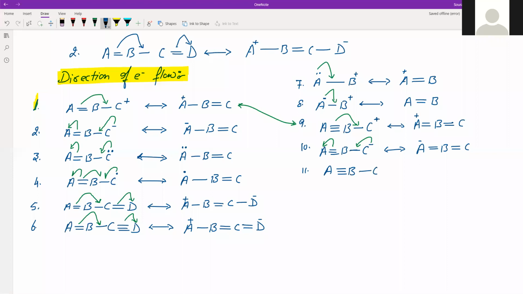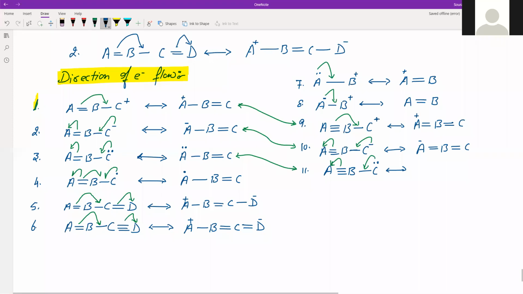Next, 11th, A triple bond B, single bond C, and a lone pair on that. Same thing. So this second and 10th are same. Same way, this third and 11th will also be same. What will happen here? This lone pair will come here, and this will come here.